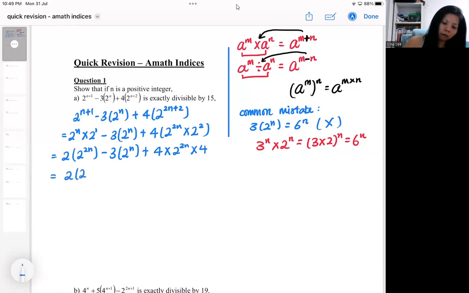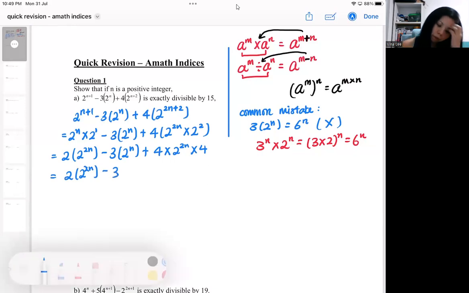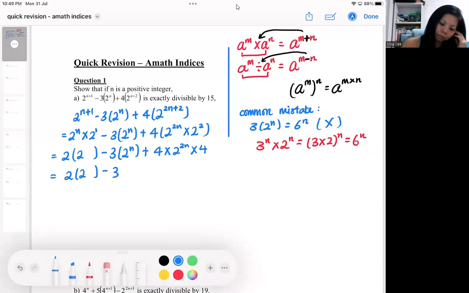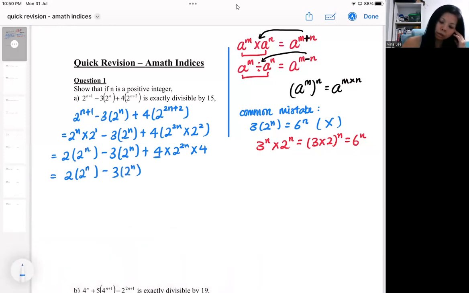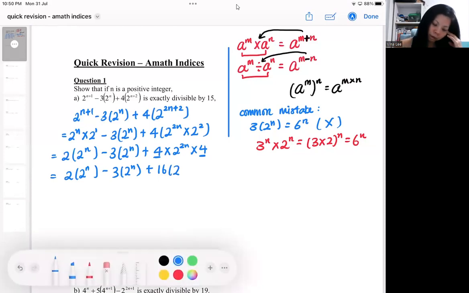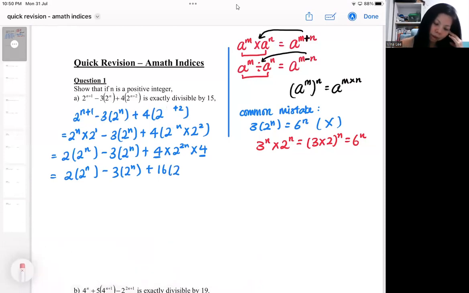Oh, sorry, I wrote wrongly. This one should be power n. So 4 times 4 will be 16. I keep writing the wrong thing. So this one is n.